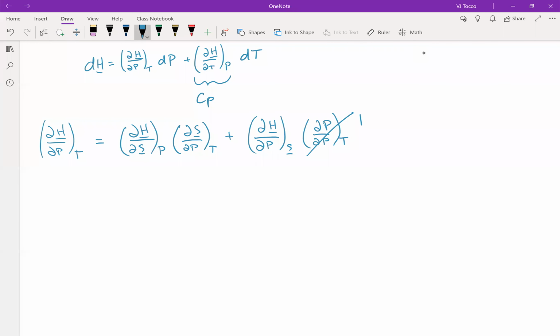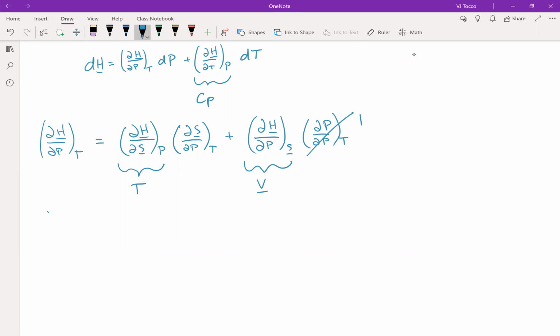And test yourself by thinking about what else we know in this expression. In this case, we know that dH/dS at constant P is equal to T, and that comes from the fundamental property relationship for enthalpy. And we also know that dH/dP at constant S is equal to V underbar from that same fundamental property relationship for enthalpy.